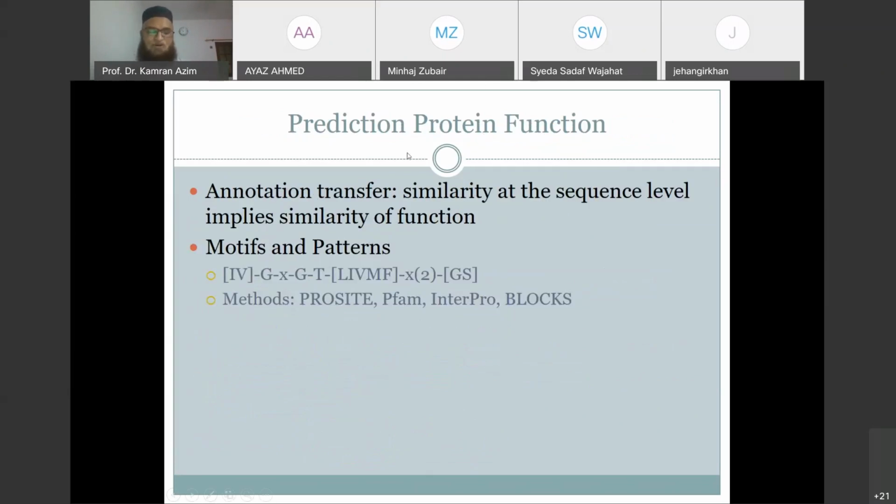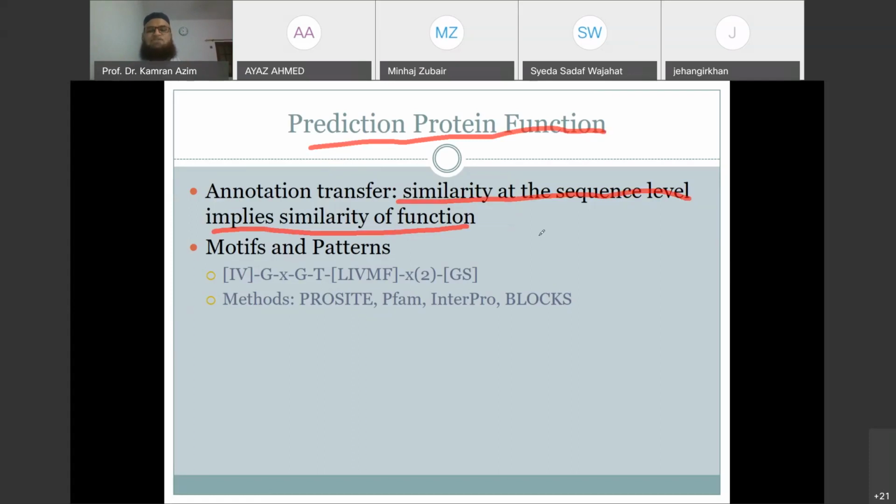Only from the information of protein sequence, one can also provide some information about the protein function. And this is because similarity at the sequence level implies similarity of function.